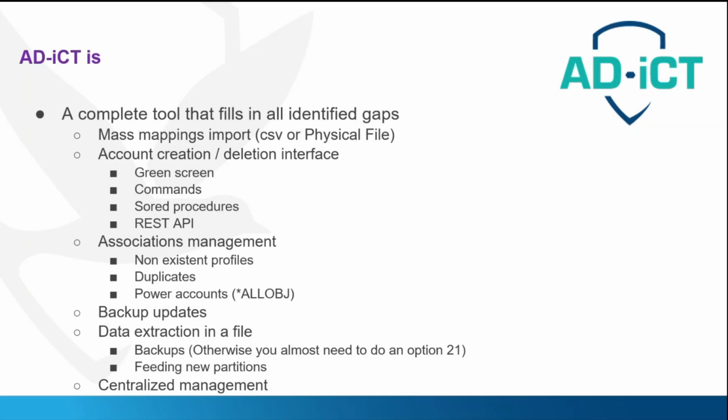We can use stored procedures. We can filter accounts. For example, if six months after deploying single sign-on you want to check which accounts are being used with single sign-on, you can just go in there and check, for example, which accounts are *ALLOBJ and are connecting with single sign-on.